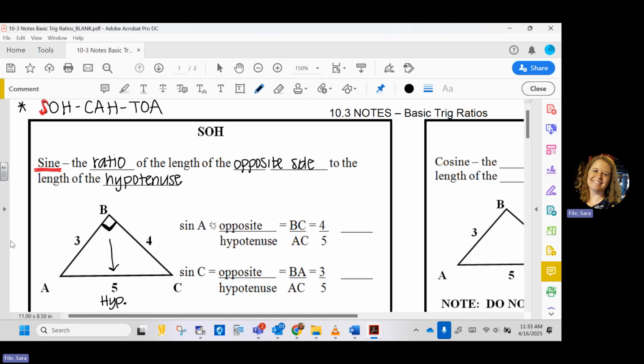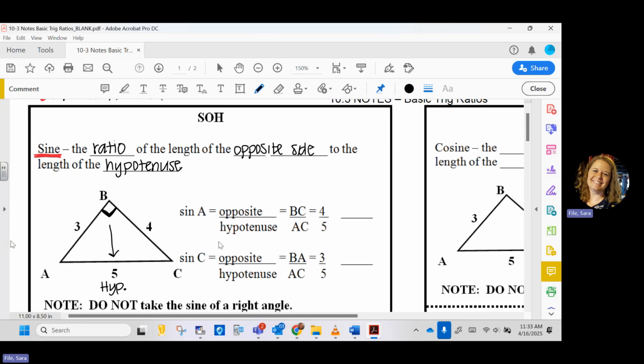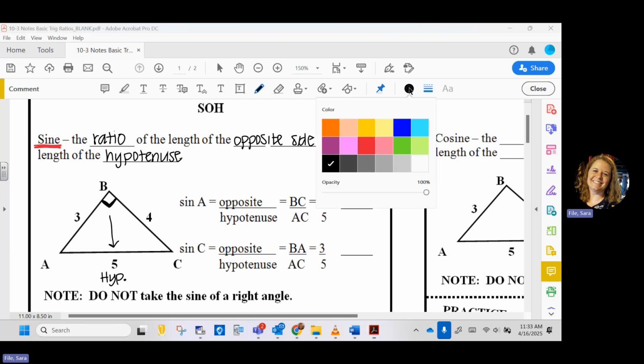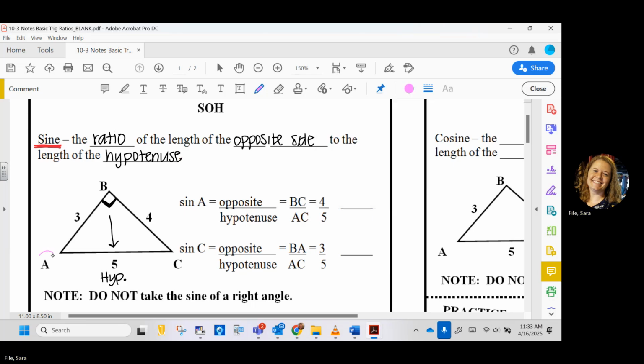So you can see I've written both ratios here for you to have. From angle A, the opposite side is 4.